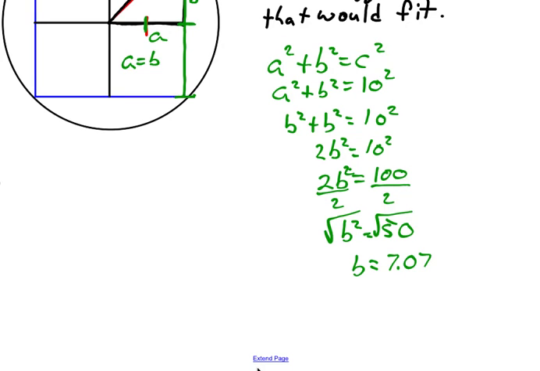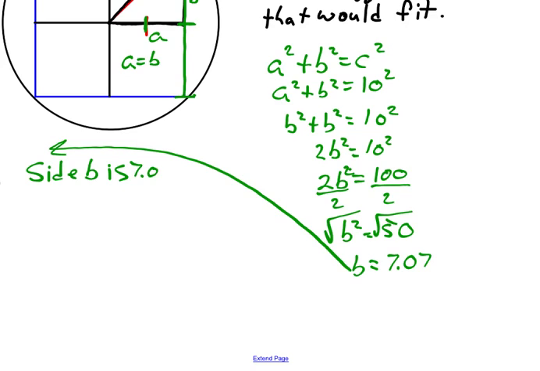Now I can write that over here. Side b is 7.07 centimeters. However, this is only half of the dimension.